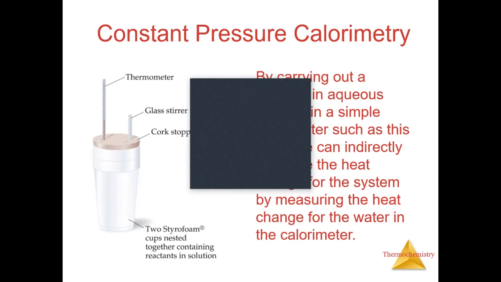Which one is going to take longer to bring to a boil? I would say the bigger pot. Absolutely. The one that has more mass. So not only does the type of substance have something to do with how much heat is absorbed, but also the amount of the substance.